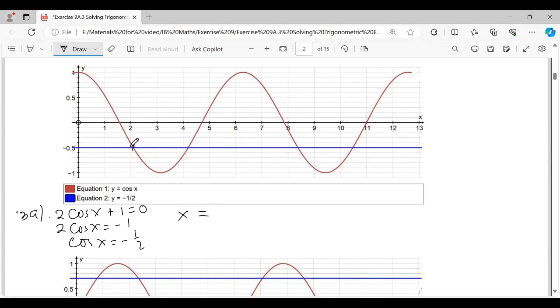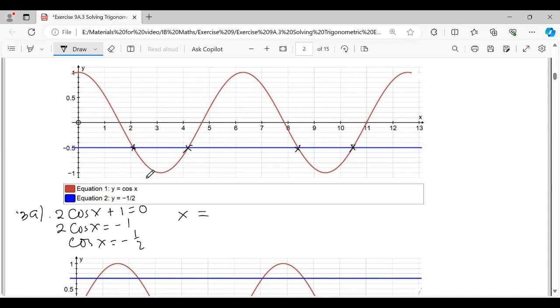There are 1, 2, 3, 4. Okay, 4 intersections. So it means x has 4 values. This is the first, second, third, and fourth values.